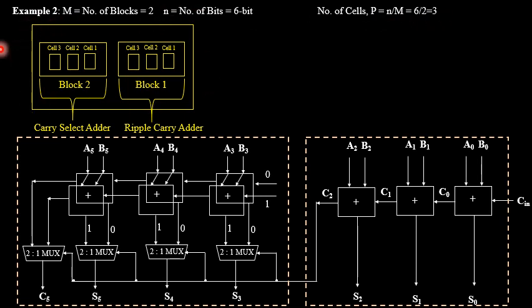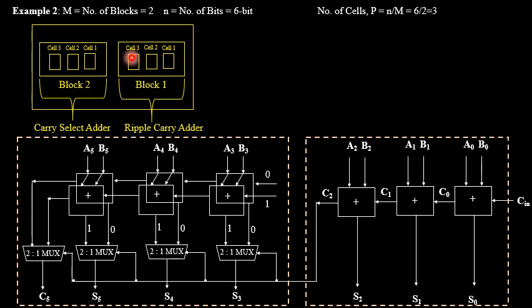box, this entire outer box represents the combination of both your ripple carry adder as well as carry select adder. In general, it is a 6-bit representation of carry select adder. Number of blocks is equal to 2, so I have used block 1 and block 2. From the calculated value, the number of cells we got as 3, so under each block I have to place 3 distinct cells.